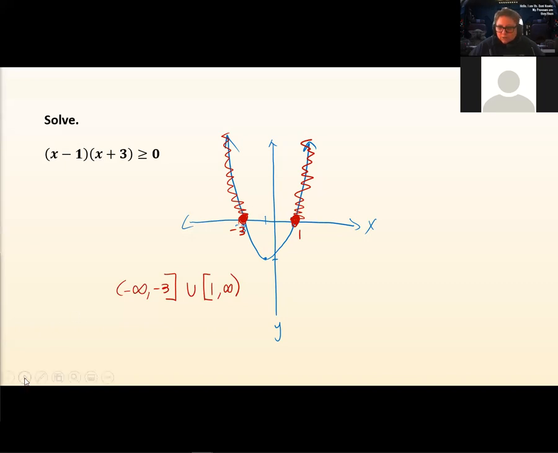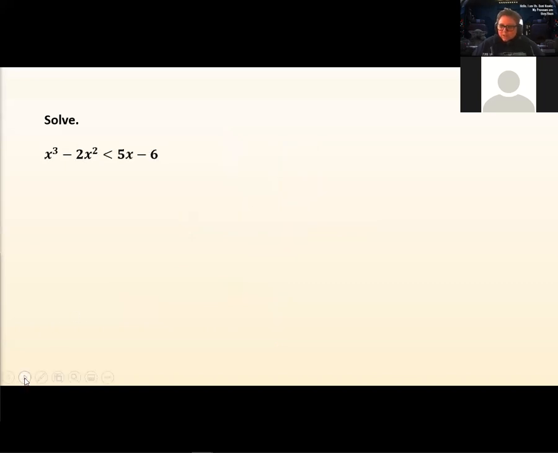All right, and a really good example for that is right here. We don't have this less than or greater than or equal to 0, right? So let's move everything to one side. I would minus the 5x and add 6. Absolutely.